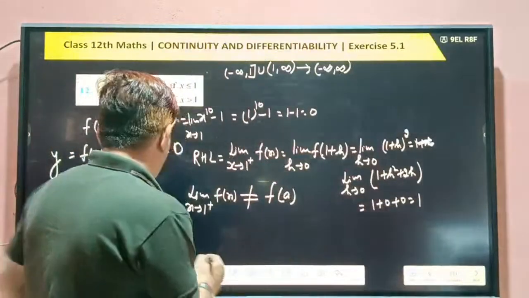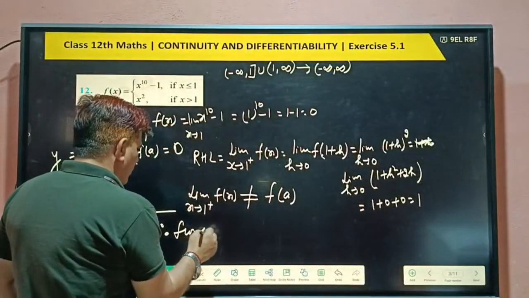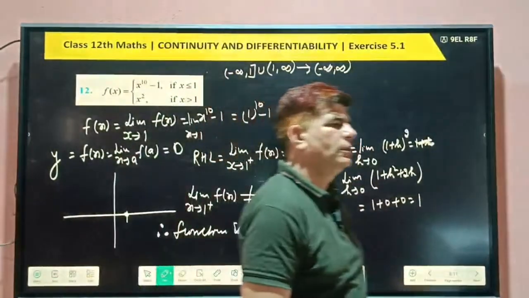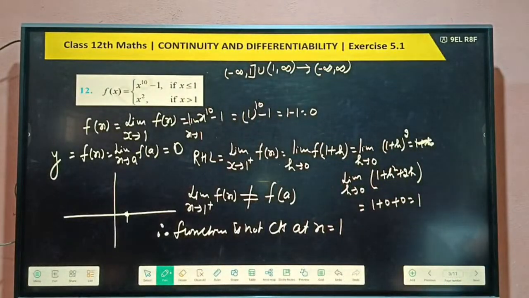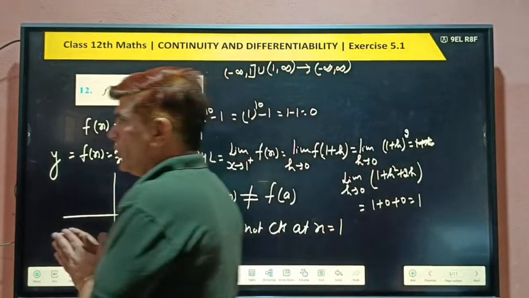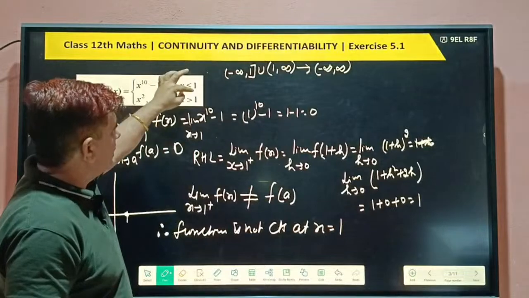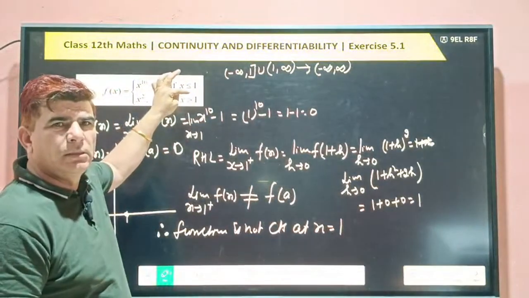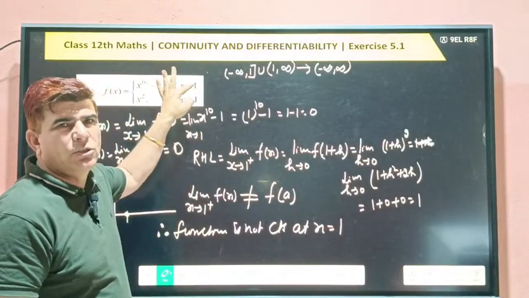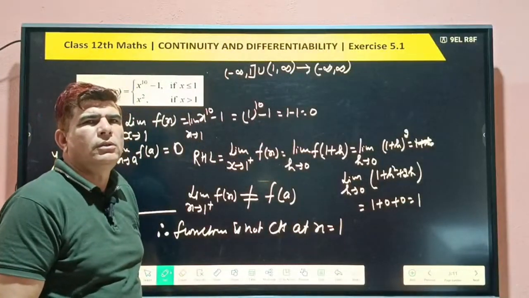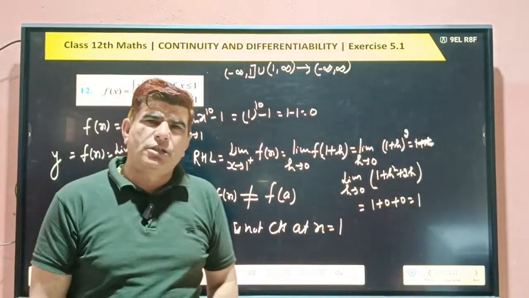So what we can say, therefore, the function is not continuous at x equal to 1. And the function at the remaining points, whatever it may be. Understood? Got or not? Okay. And again I need to tell you what I want to say: how can you save time? This is the equal to sign, it is like this, so you have to check in it. If both are coming equal, then you can check this also. It may be that this itself does not come equal, so directly you can say the function is not continuous. Understood? I think.